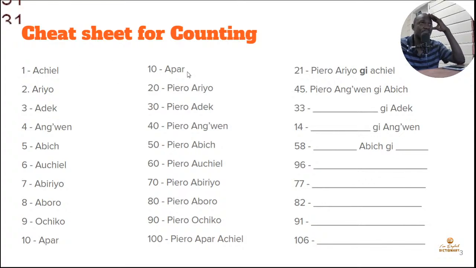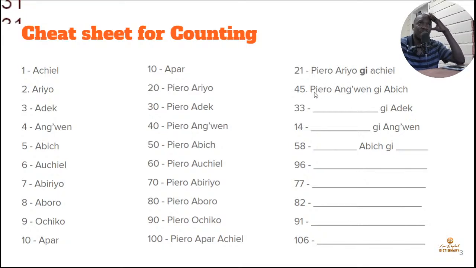So you can see 21 becomes piero, ariyo, gi, achiel. The word gi means "and". So 10 times 2 plus 1, that is 21.